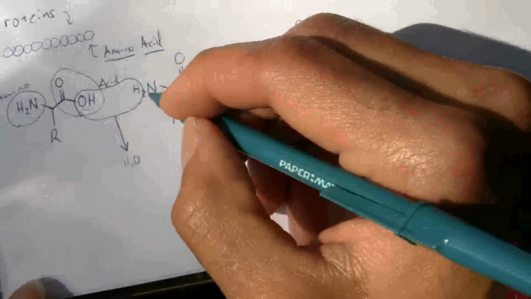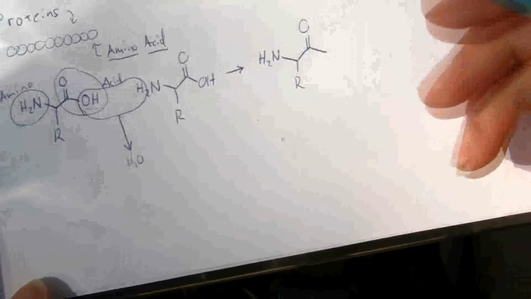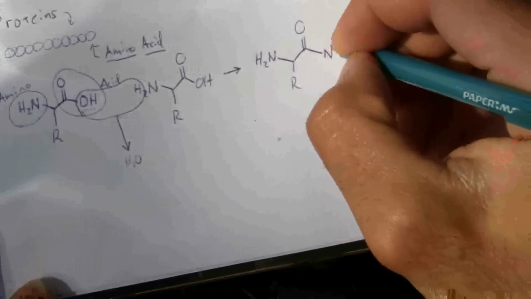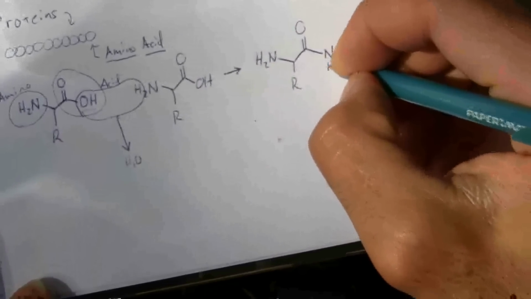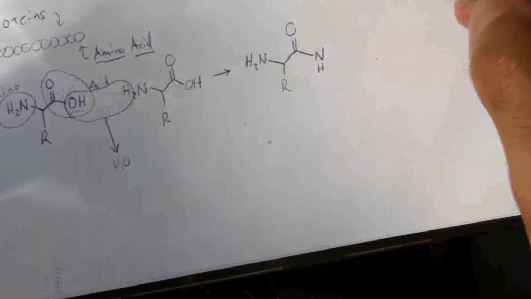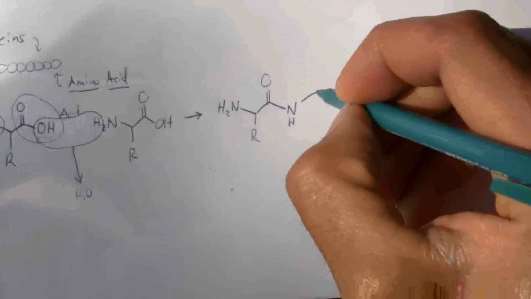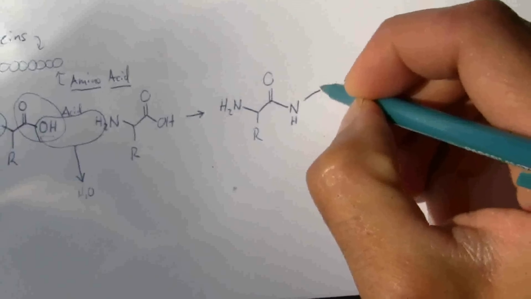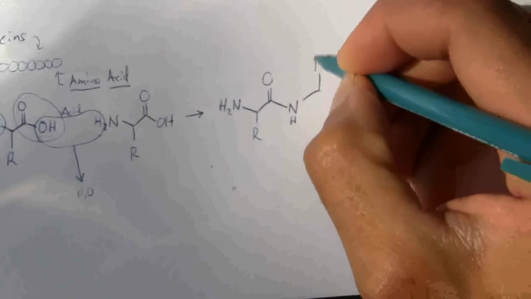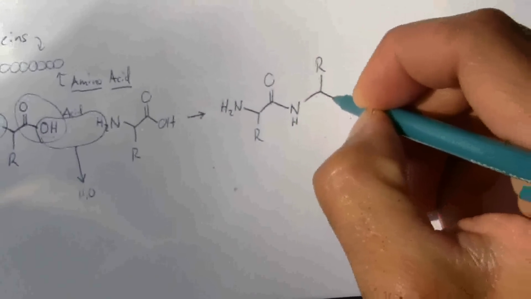So there's the one, we've gotten rid of the OH, and now we have just one hydrogen left, but it attaches at the nitrogen, and I'll go ahead and just draw it this way, flip it around a little bit.